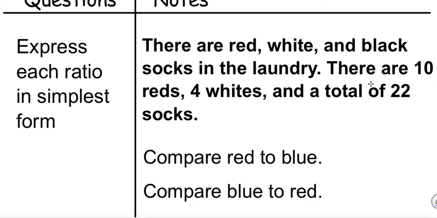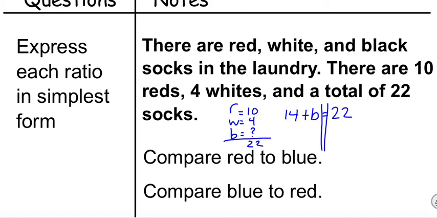In this case, if there are 10 reds, 4 whites, and 22 total socks, and the red, white, and black are the only colors, well then I know red is 10, white is 4, and black is all of the rest that bring me to a total of 22. So I know that the 14 socks that I have plus the black need to equal 22.